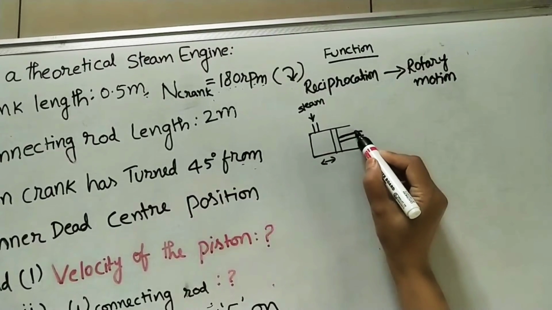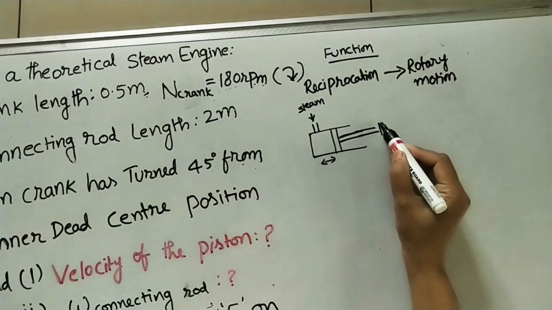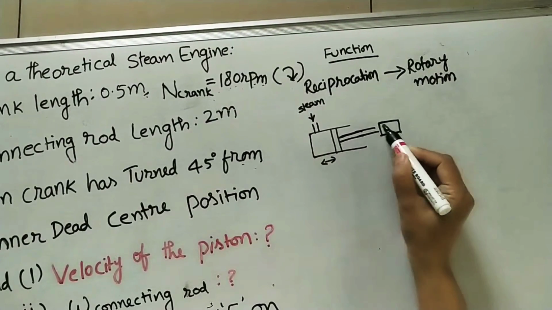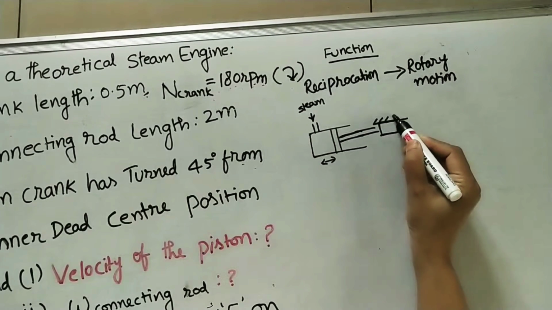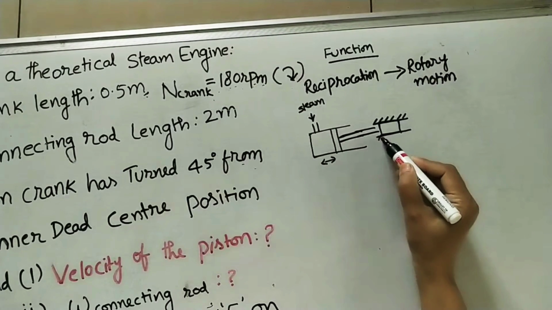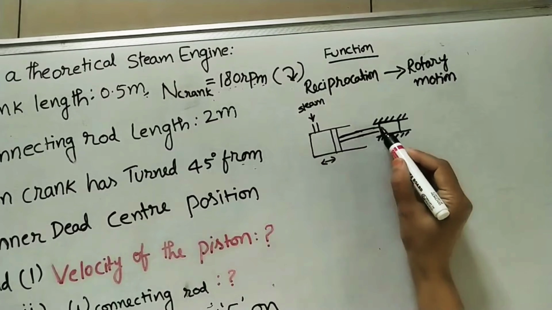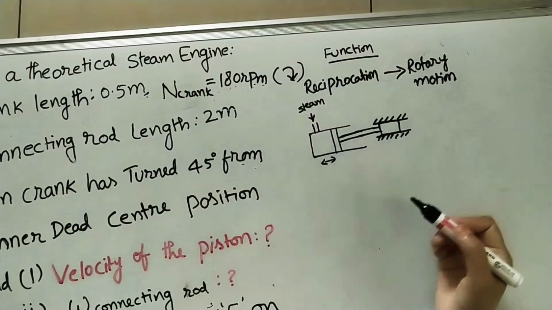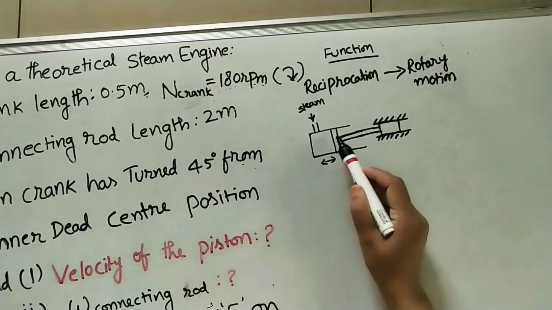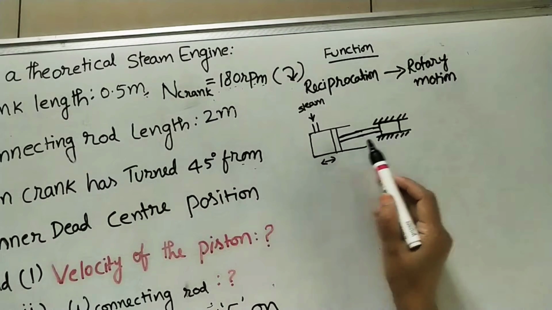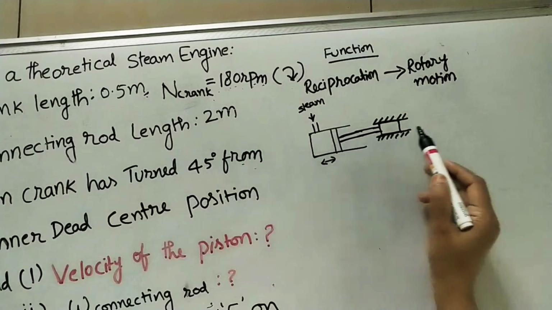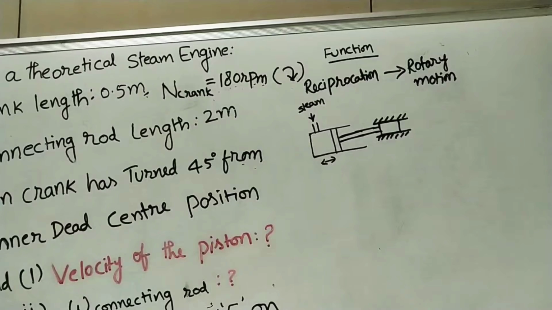This piston rod is again connected to one slider. It is sliding in fixed horizontal guides. We can call this a cross head. Whenever this piston is reciprocating, this slider will also reciprocate in the horizontal guides.